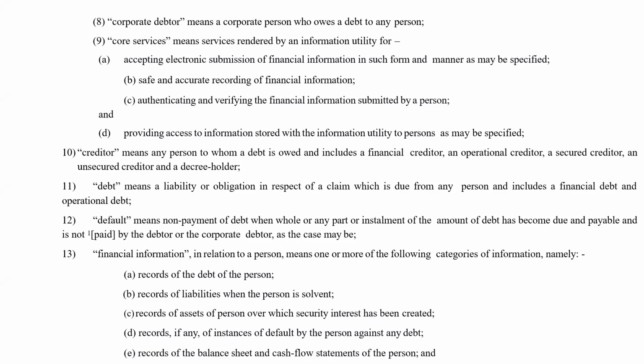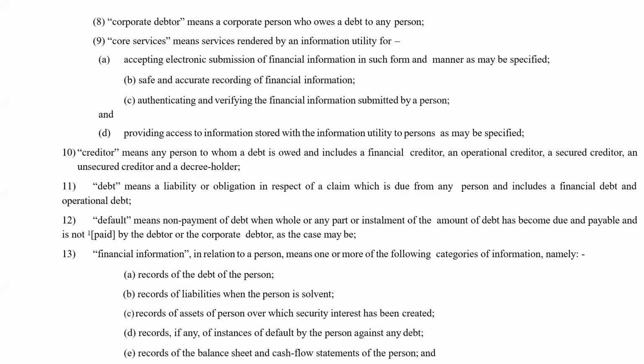Core services means the services rendered by an information utility. So there is a concept of information utility in IBC which says that the information shall be stored. So this is basically a storehouse of information. And various banks, financial institutions, other creditors, financial creditors, operational creditors, they are feeding information to this information utility.